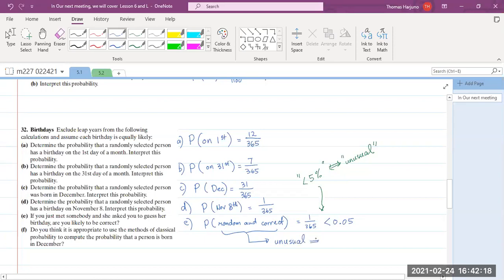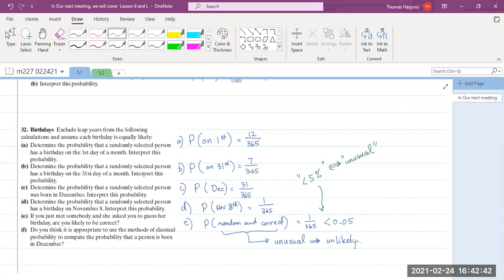Therefore, it is unlikely. Okay, the way we define unlikely is not more than or less than 50%. No, in statistics, unlikeliness, unusualness is defined to be less than 5%.